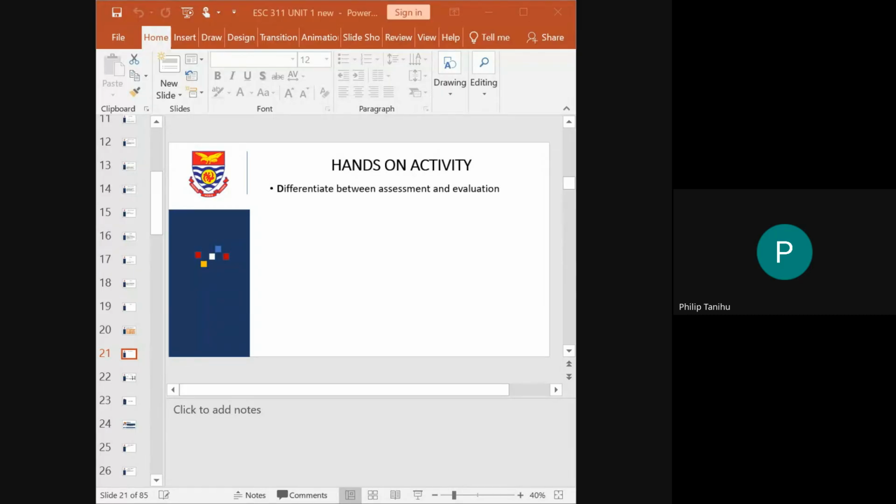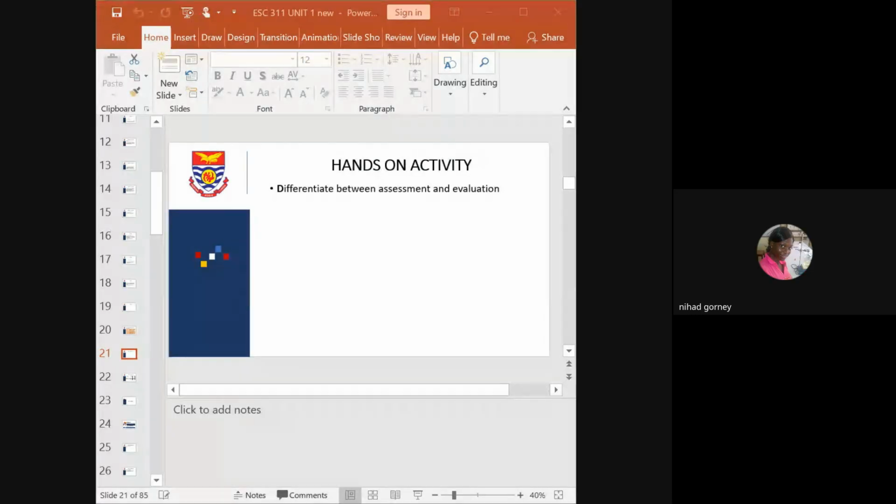And after getting that information, evaluation will then help you to make judgments and also make decisions based on the judgment that you have made. That is evaluation. I think that's my opinion.